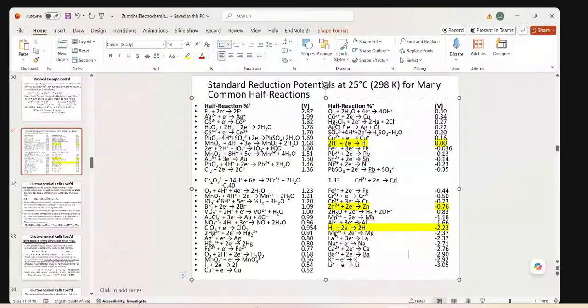Hydride is an ion. Then you have a hydrogen ion that has gained an electron to become hydrogen gas, the element.